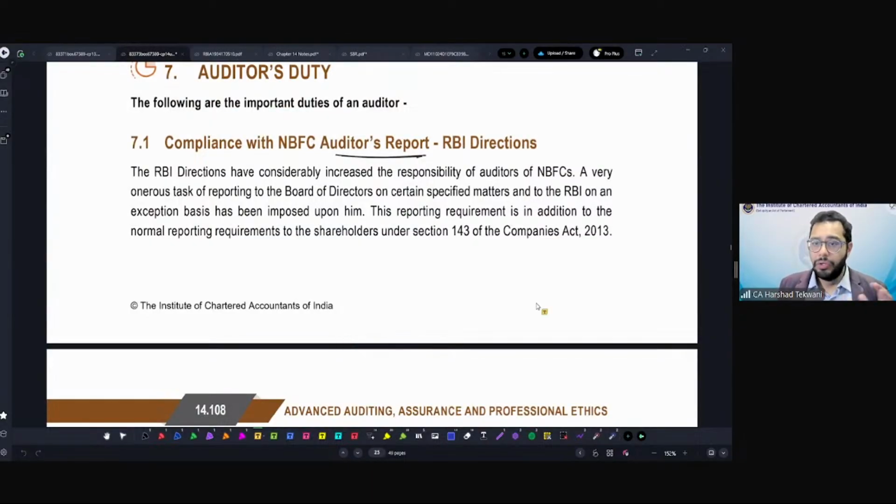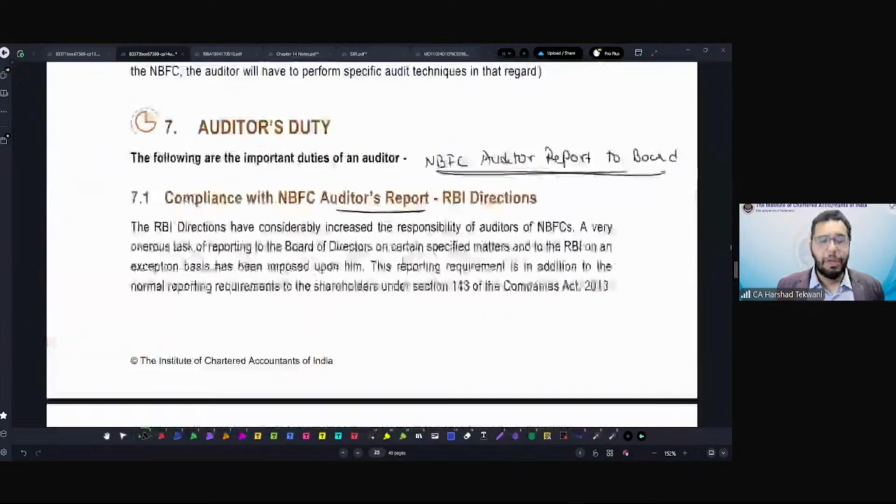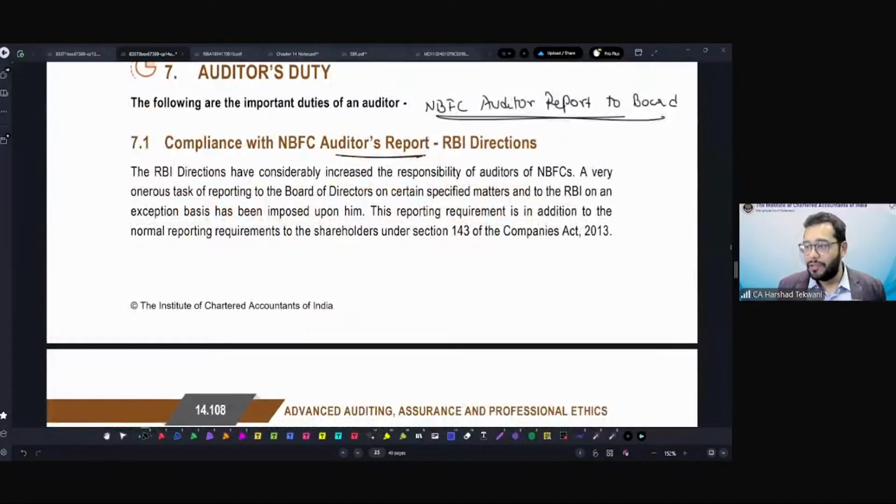For the sake of simplicity, we'll call this NBFC auditor's report to board. Now under this particular reporting, there are two different sections or two different categories, I would say, in which the reporting is structured.